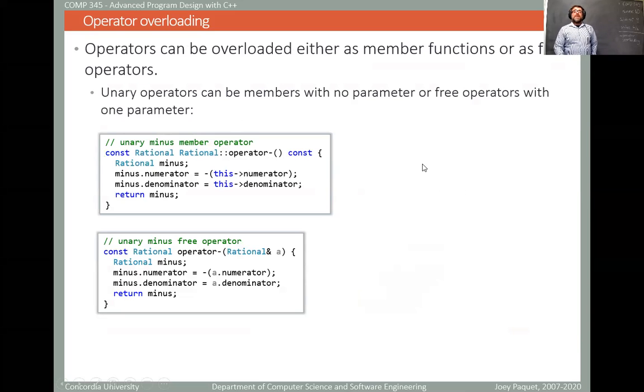In the example I gave earlier, the plus operator was implemented as a member of the actual class on which you want to add this operation. Here, you are providing the minus operator as a member operator of the rational class.